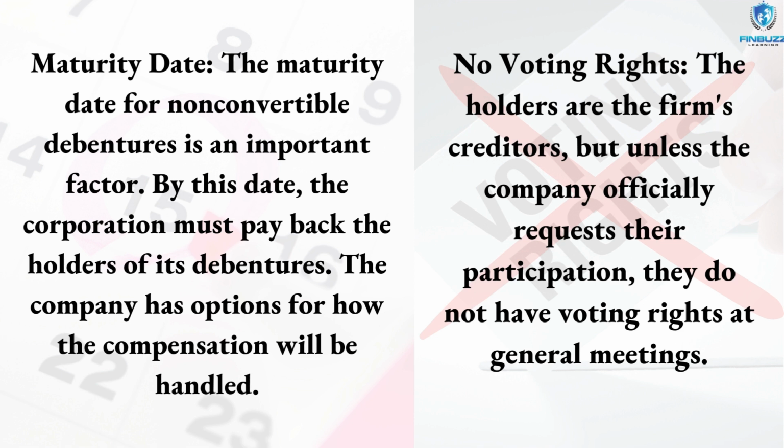Most frequently, it takes the form of redemption of the capital, in which case the issuer pays a one-time sum when the debt matures. As an alternative, the payment may be made using a redemption reserve, in which case the corporation makes regular payments until complete payback is made at the maturity date.